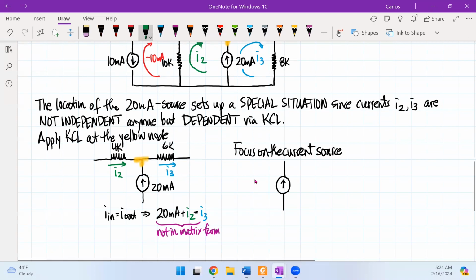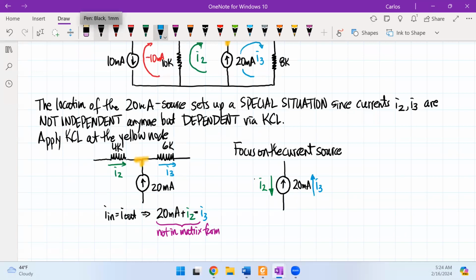Our loop shows that I2 is coming down in this direction, right? That's I2. And even though I didn't write it, we know that's 20 milliamps. But now look at I1 or I3. I3 is going up. So if you look at this thing here, the 20 amps and the I3 are both in the same direction. So what we write then is we say that I3, we're going to call that the positive direction, that's going to be the negative direction.